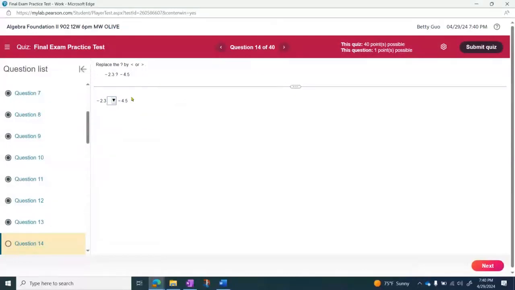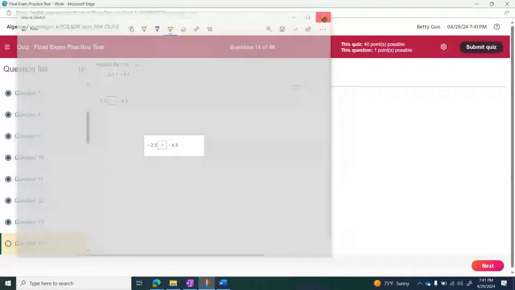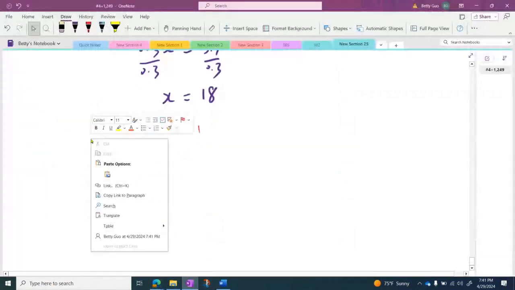Replace. So we are comparing two negative numbers. The one with the bigger absolute value is smaller. The alligator mouth is always chasing the bigger quantity. I can show you by marking the two numbers on the real number line.